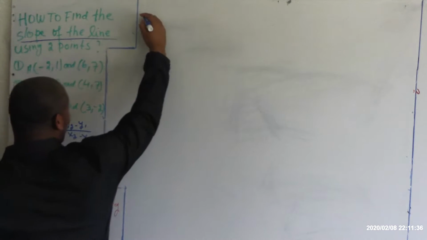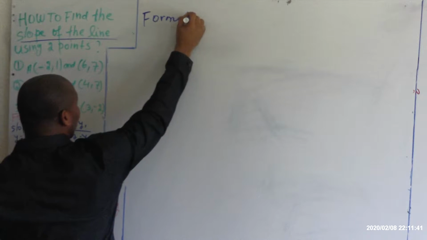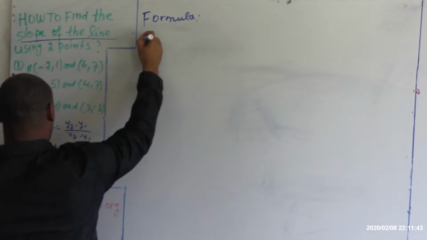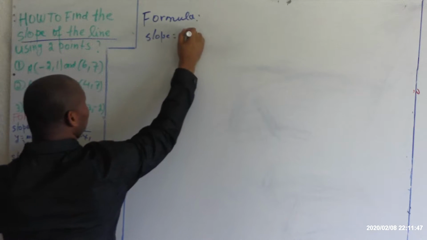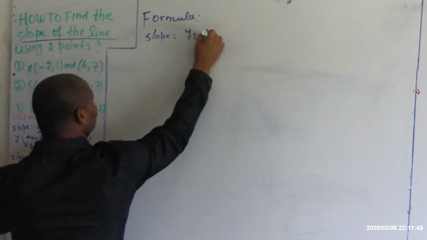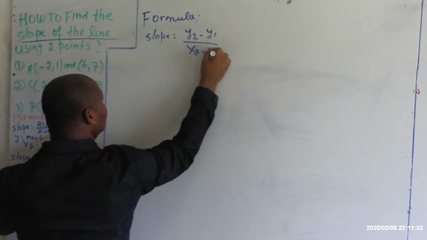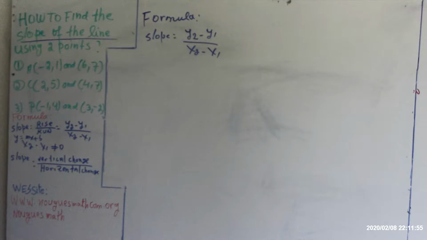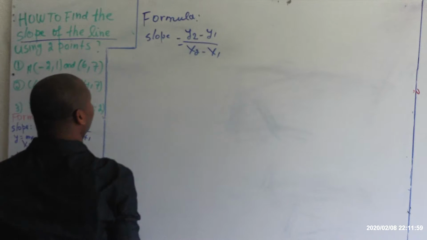The formula is, let's write it down. The formula is slope equals y2 minus y1 over x2 minus x1. Okay, so that's the slope formula we're going to use.